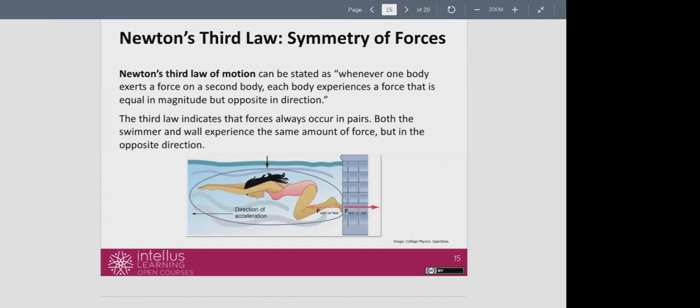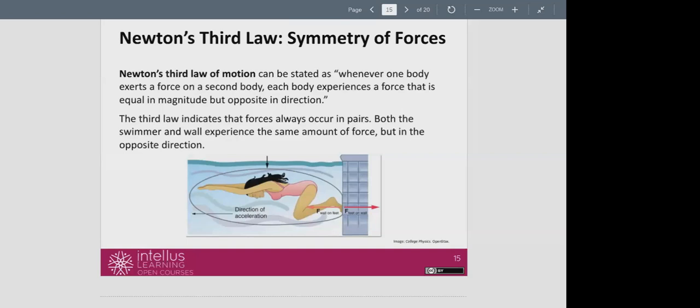Equal in magnitude, but opposite in direction. One way of thinking about it is, anytime one object pushes or pulls on another object, that object pushes or pulls back with the same magnitude, but those forces point in opposite directions.